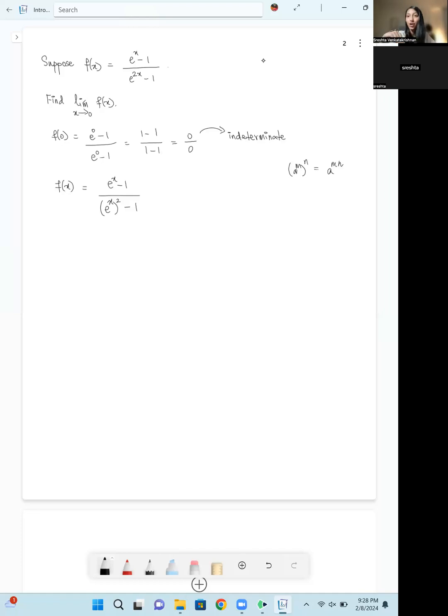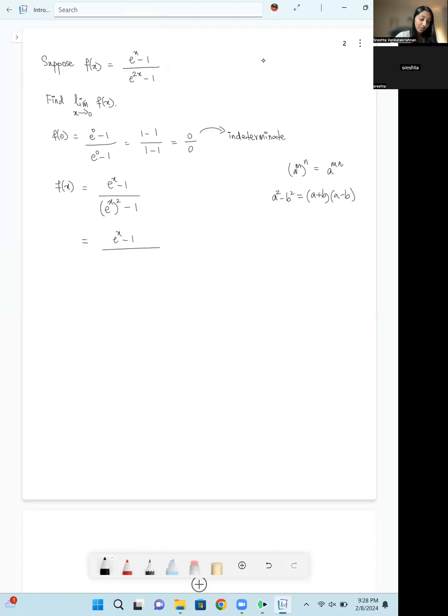Now, in the denominator, we have something that looks like a difference of squares, a squared minus b squared. Do you guys recall what this is? A difference of squares can be written as a plus b times a minus b, right? So then we can write the denominator, well, the numerator remains the same.